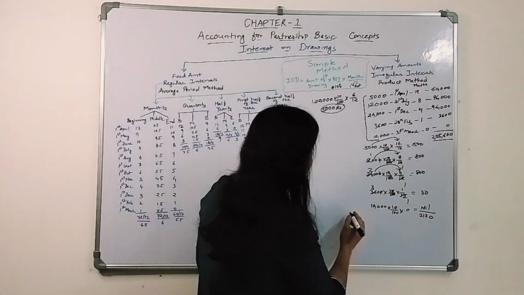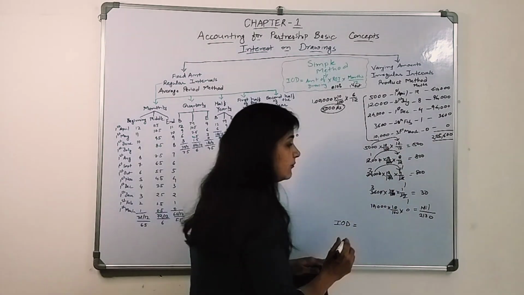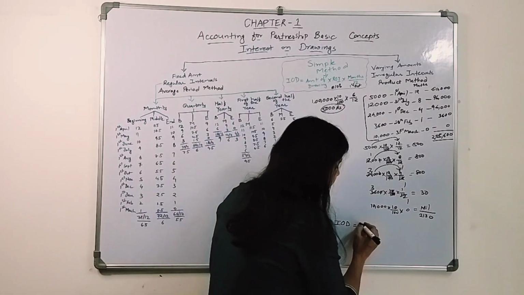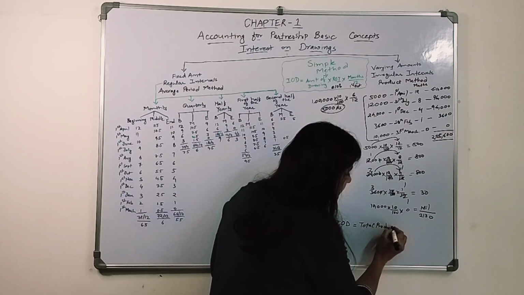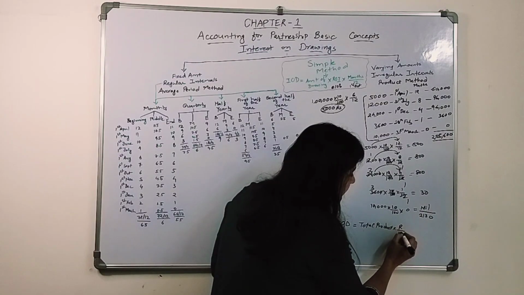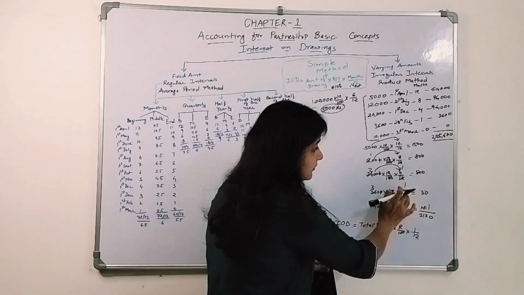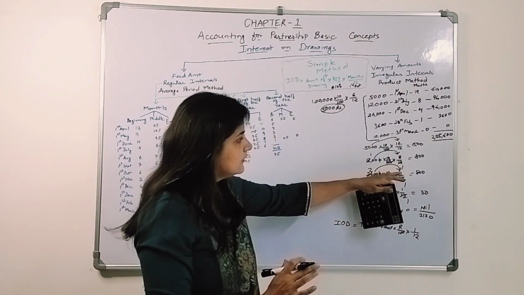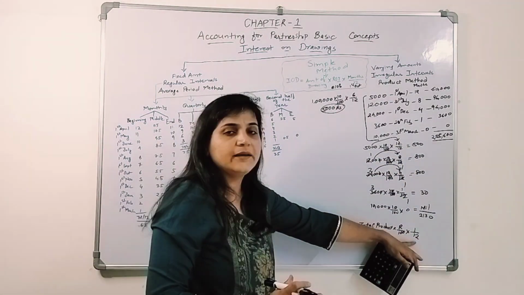So now we will calculate the interest as per the product method. What is the formula? Interest on drawings, we will consider the total product into rate upon 100, that is rate of interest, into 1 by 12, because here the denominator is same. We have not divided anything, we had just multiplied it. So we will divide it by 12.